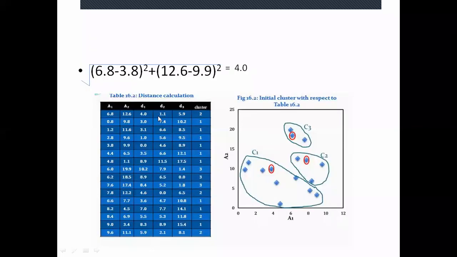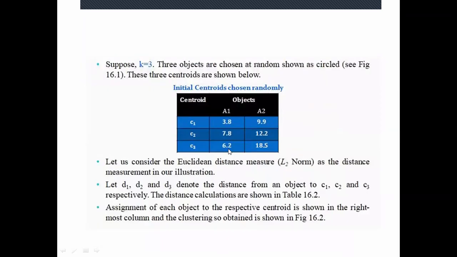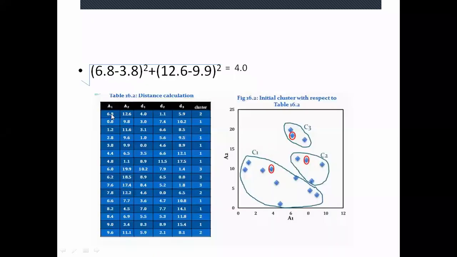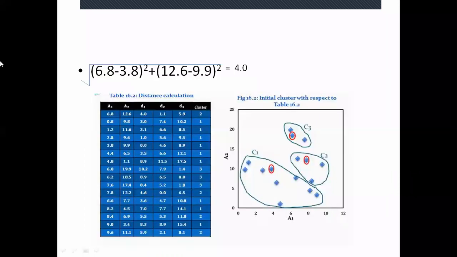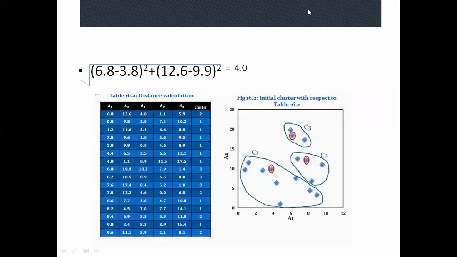What you will get is 1.1. Similarly, you need to find the distance from cluster C3. The dimensions of cluster C3 are 6.2 and 18.5. So you will write 6.8 minus 6.2 whole square plus 18.5 minus 12.6 whole square, and then take the square root of that. You will get 5.9.